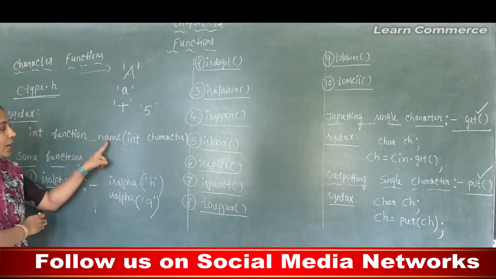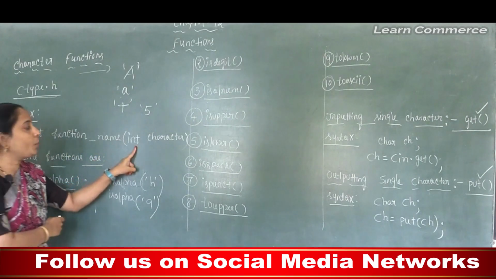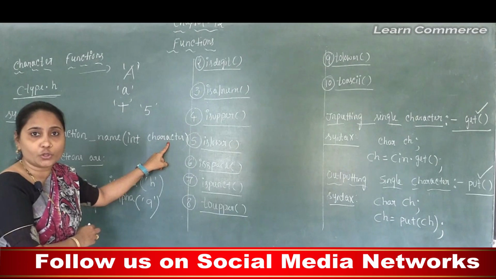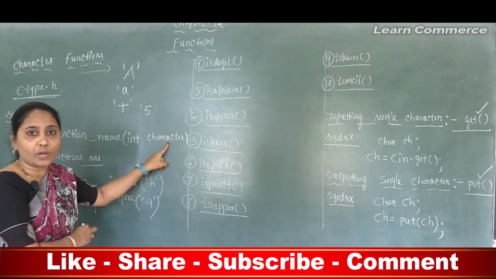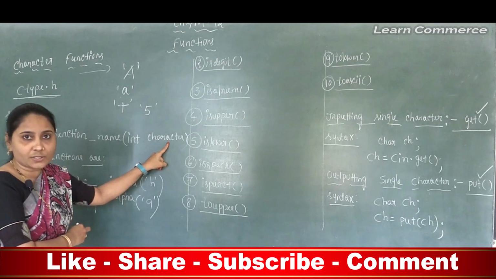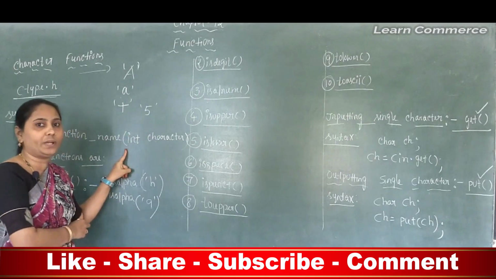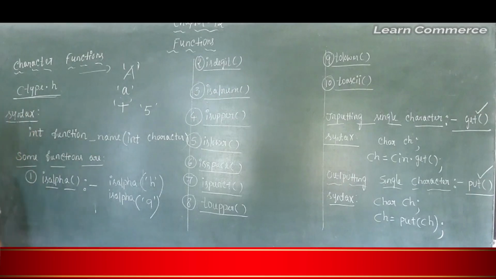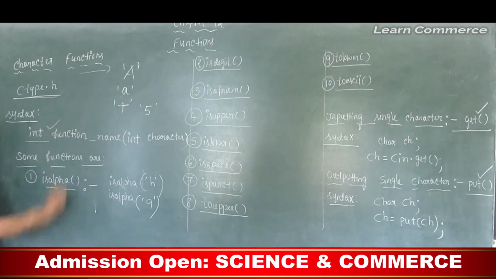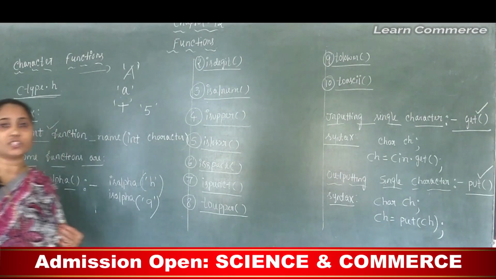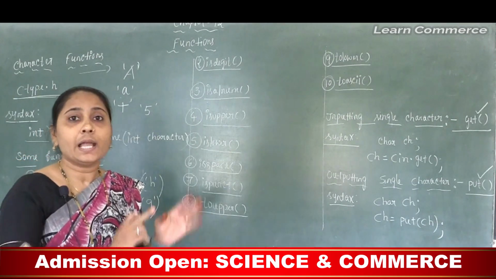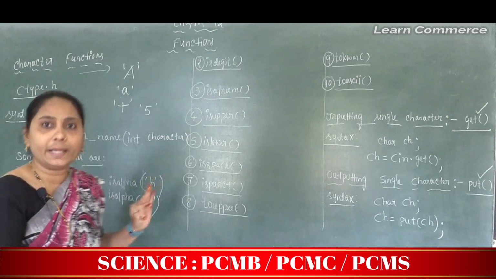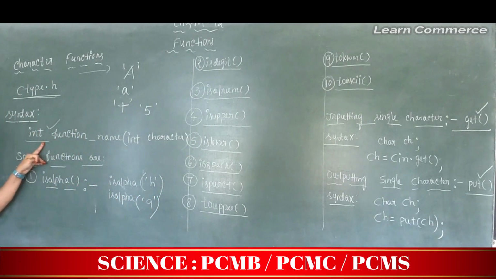So function underscore name, the function name, opening parenthesis, and then whatever character you want to use, we need to write that. So after opening the parenthesis, int character, closing parenthesis we need to write. So this is called the syntax of the character function. How are we writing the syntax? int function_name, opening parenthesis, int character, closing parenthesis.